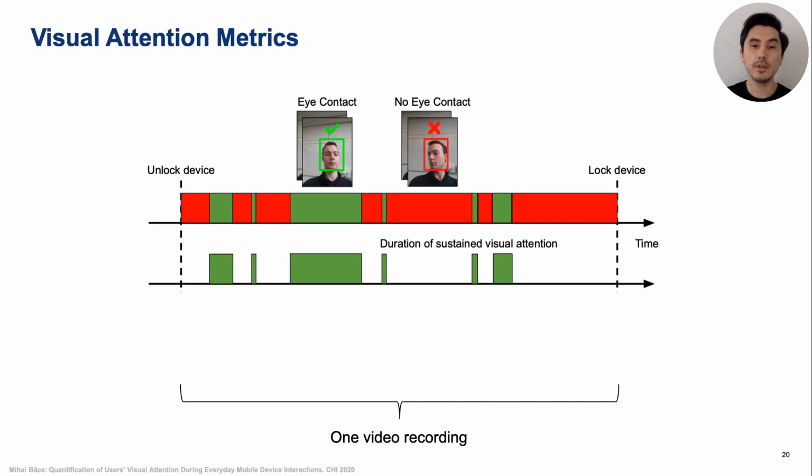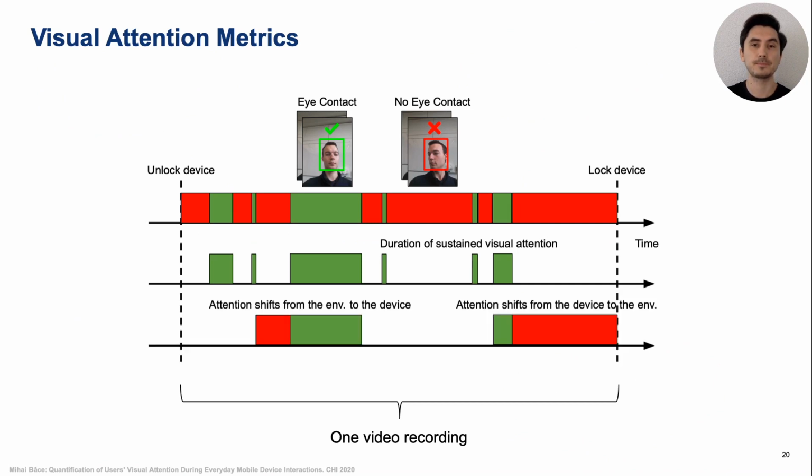By looking at the green segments, we can extract the duration of sustained visual attention. By looking at the transitions from eye contact to no eye contact, we can capture shifts of attention either from the device to the surrounding environment or the other way around. For additional attention metrics, please refer to our paper.